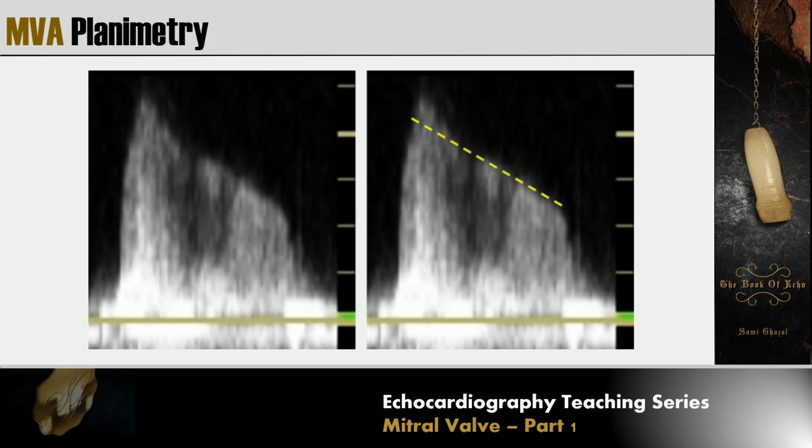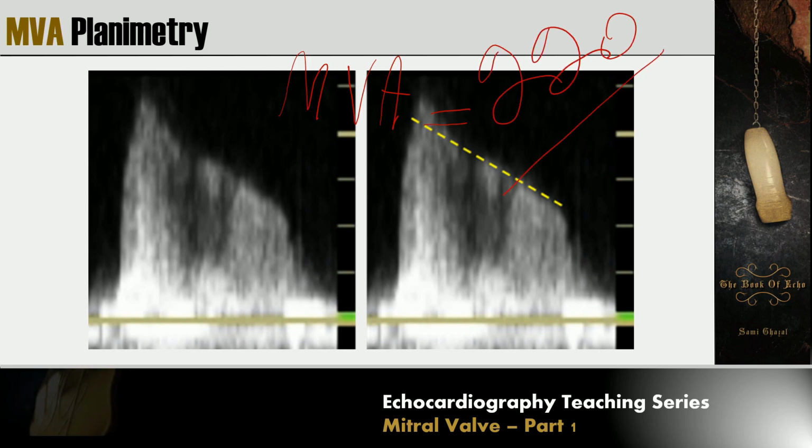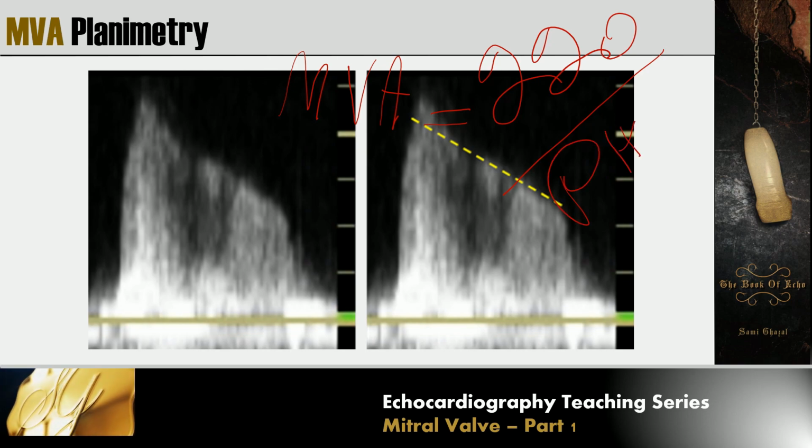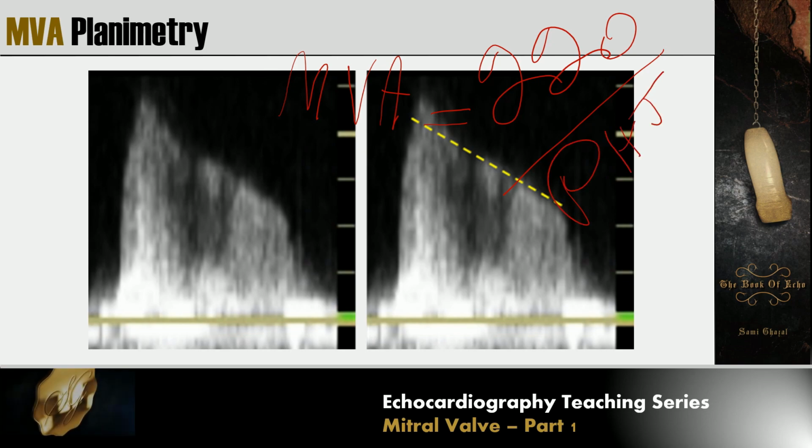And by utilizing an equation, we can calculate the mitral valve area. So mitral valve area, MVA, will equal 220 divided by pressure half time, and then we will get the area in square centimeters.